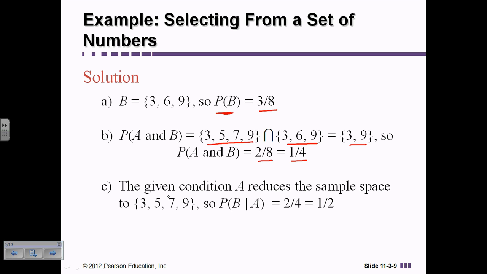Again, the condition that A has to be true reduces our list to 3, 5, 7, and 9. So that means that the intersection is 2/8 or 1/4. So I have that probability, which is again 2/8, divided by the probability of A, given that formula, which again we talked about: the probability of A was 4/8.